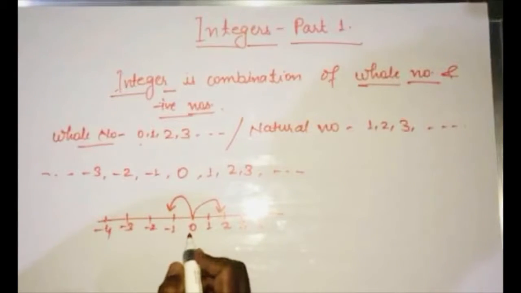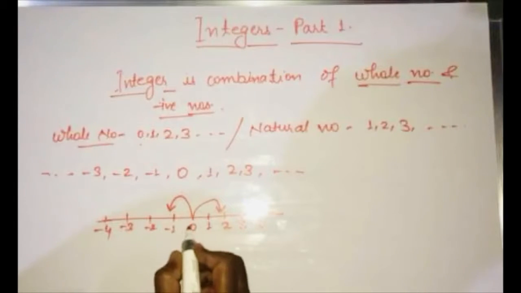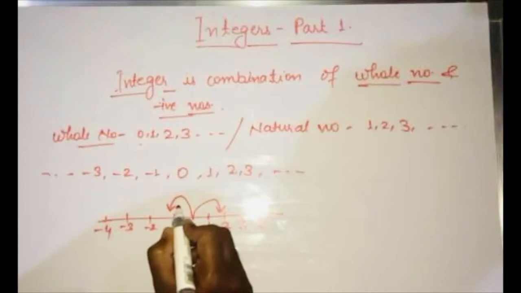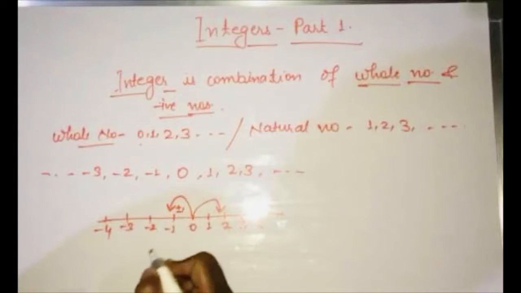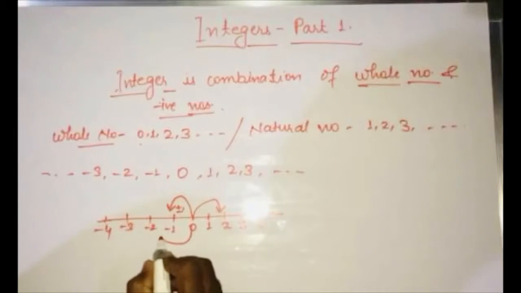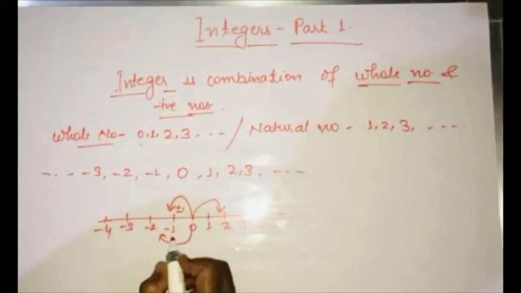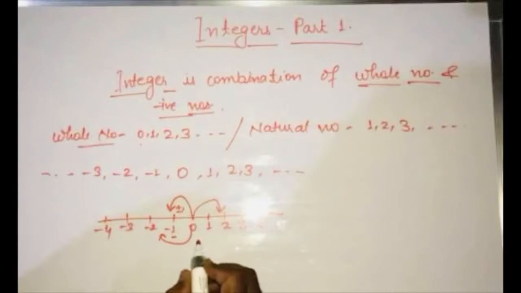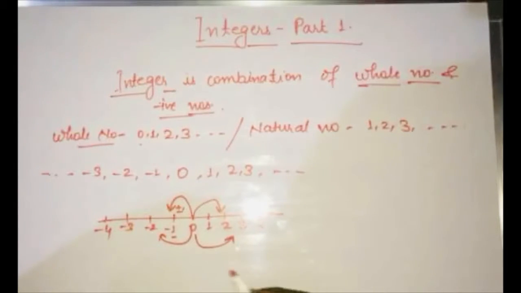And if you are subtracting a positive integer, you are moving to the left side. But when you are subtracting a negative integer, then you are moving to the right side of the 0.